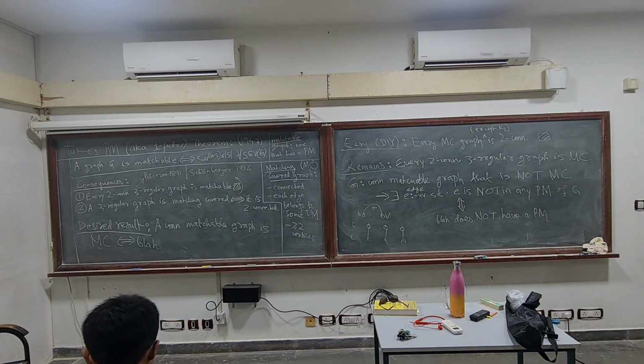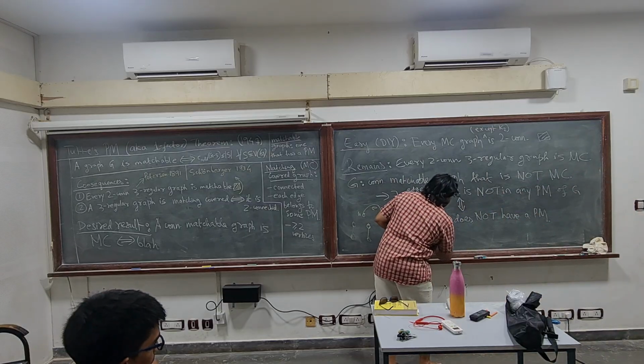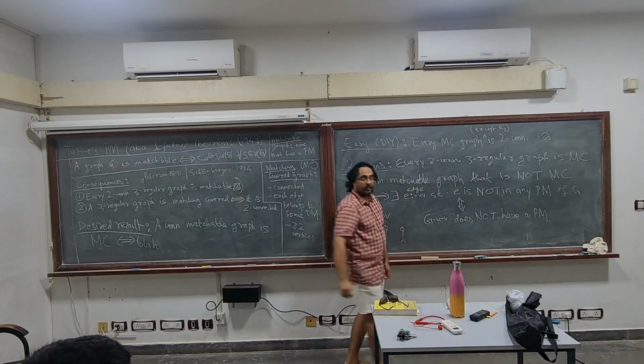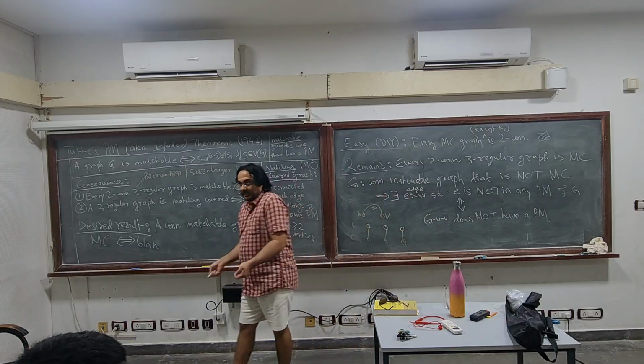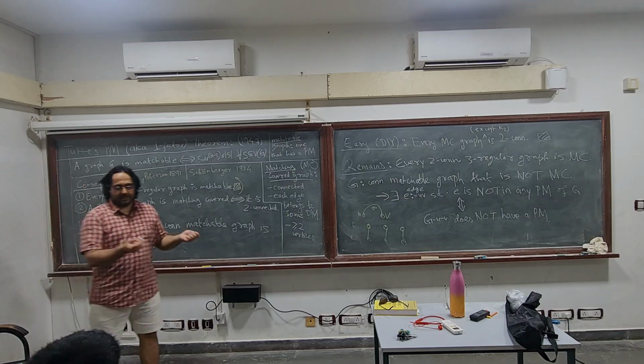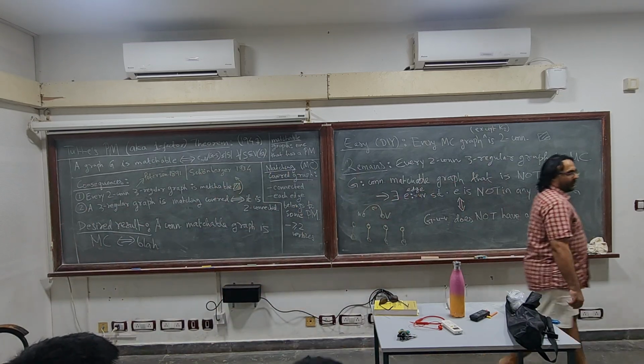You all agree? Yeah. So these two statements are equivalent. The edge UV does not belong to a perfect matching of G if and only if the graph G minus U minus V has no perfect matching.